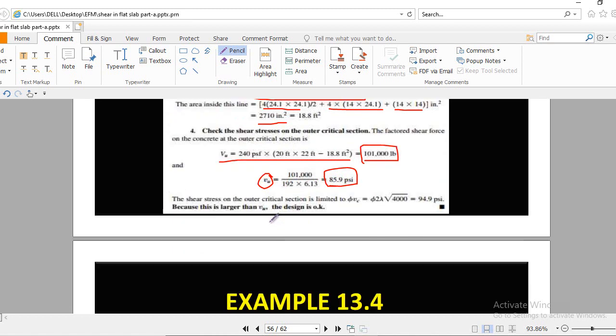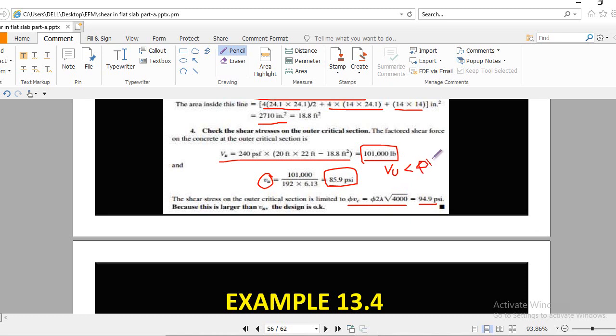There are limitations: the shear stress on the outer critical section is limited to phi Vc. Now you see we don't multiply by b0 times d. Now you see 94.9 psi. So here we are safe because our vu is less than our phi Vc.